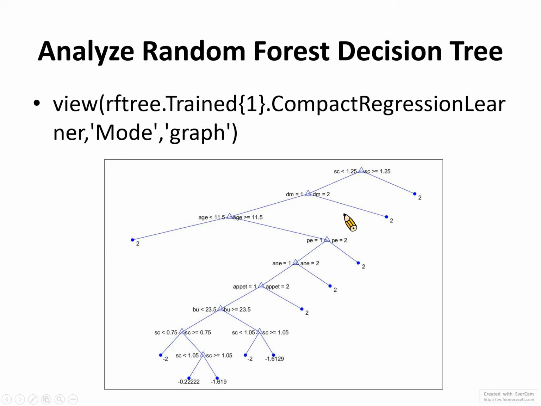So if you are a doctor, you should keep in mind that when you suspect a patient may have CKD, you should ask these questions, whether or not he has diabetes, or you should check the pedal edema. You should check if he has an anemia history. You should ask if he has poor appetite, and you should do some laboratory tests to see if they have an elevated serum creatinine level.